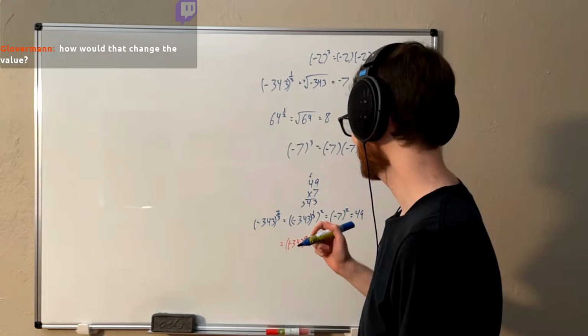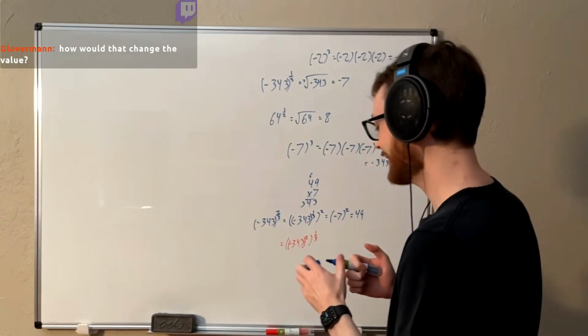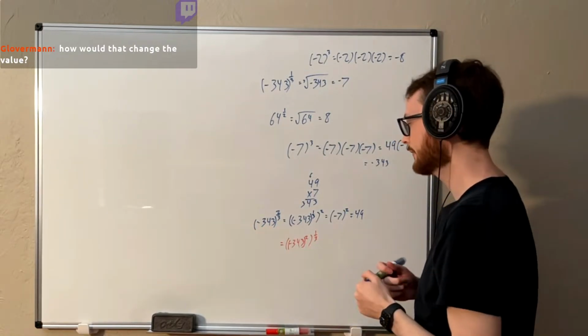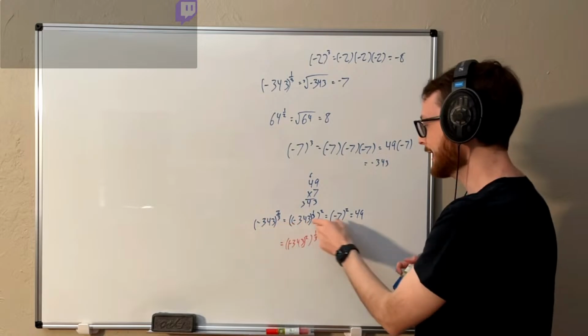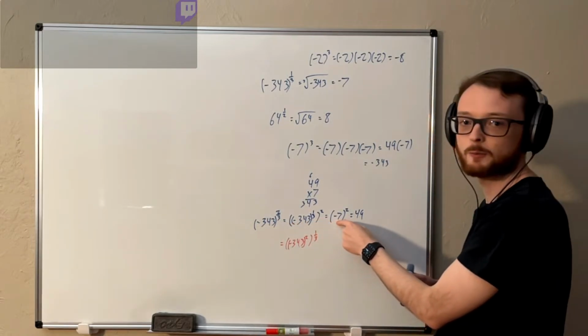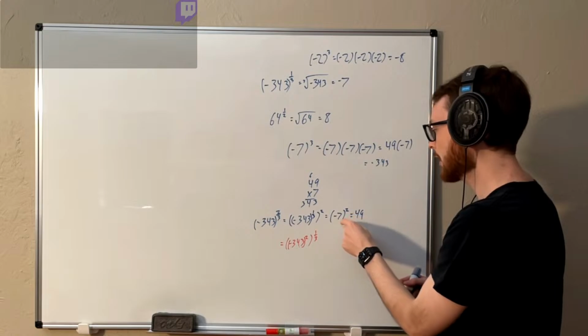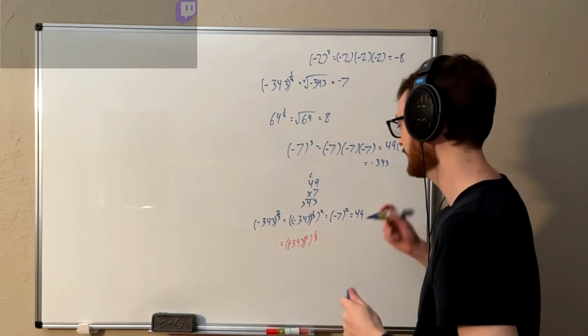So all the math that I did here was including the negative sign inside the parentheses. The important thing that happens here is that we end up at the end with negative 7 squared. And a negative squared always turns into a positive, because negative 7 times negative 7 is positive.